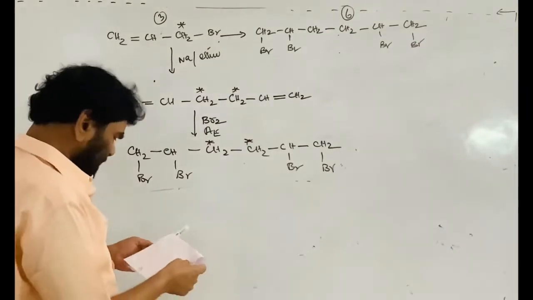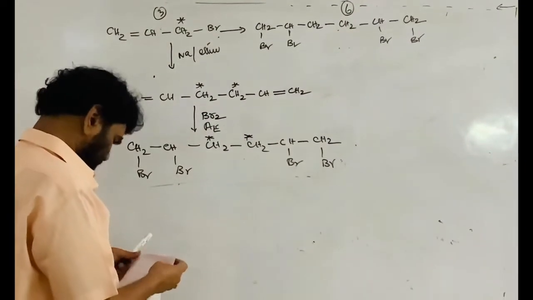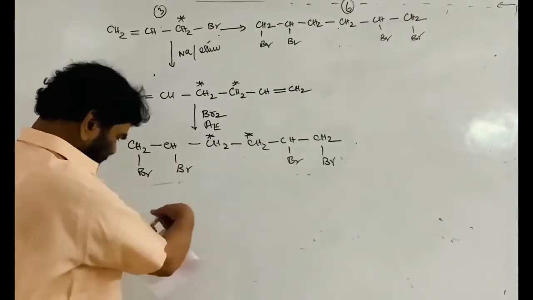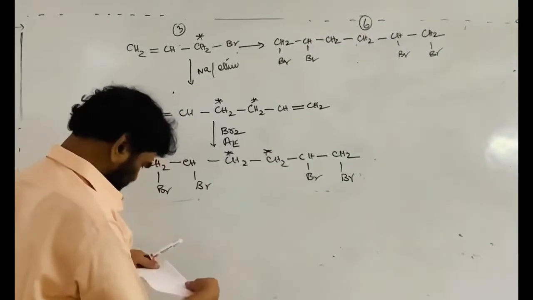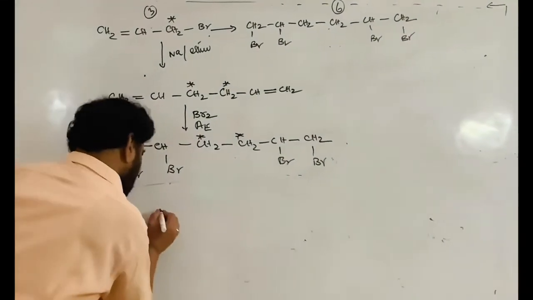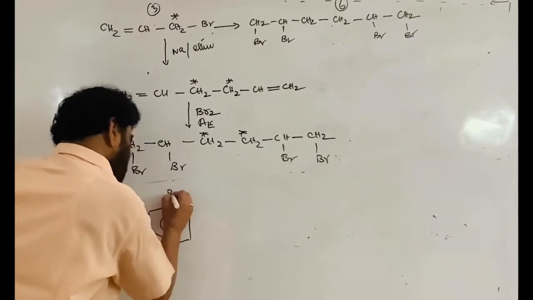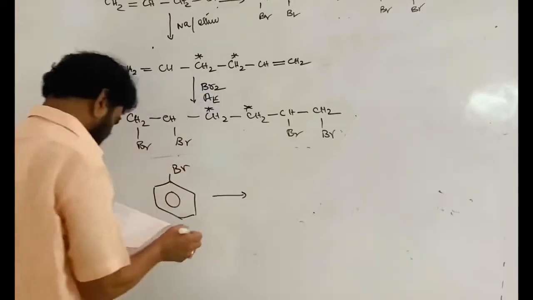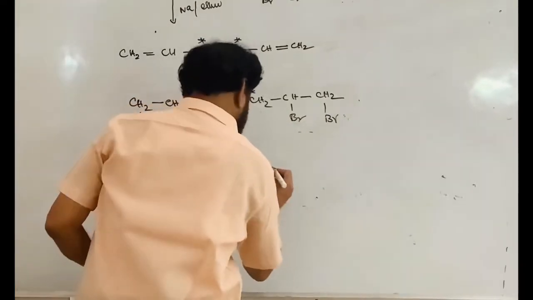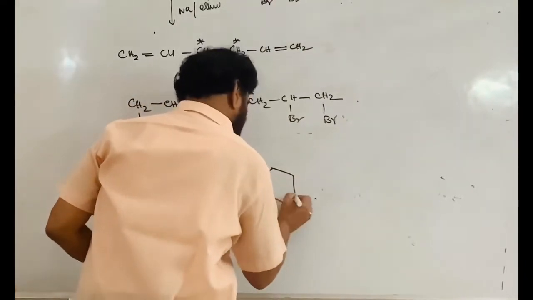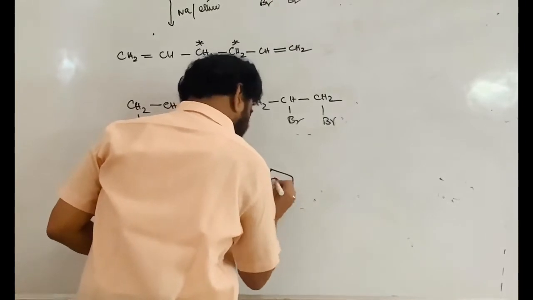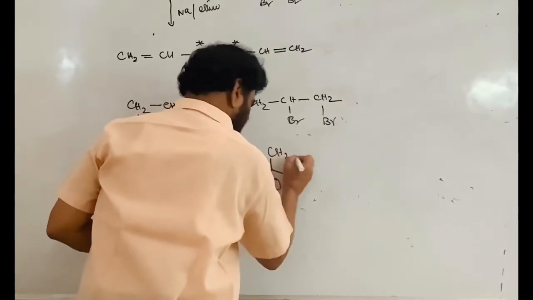The seventh one is bromobenzene to 2-phenylethane-1-amine. See, increasing carbon atoms is not an easy job.